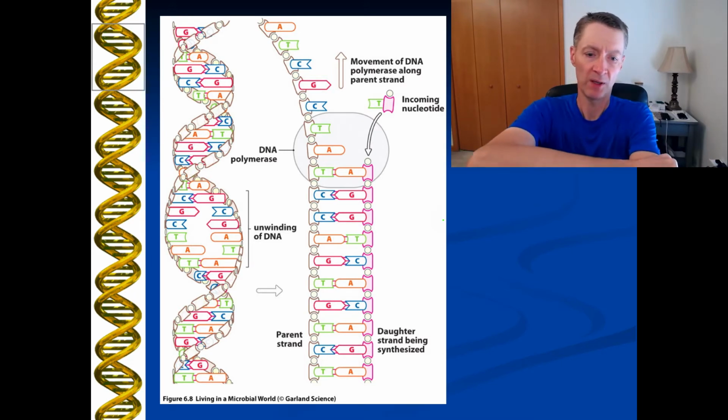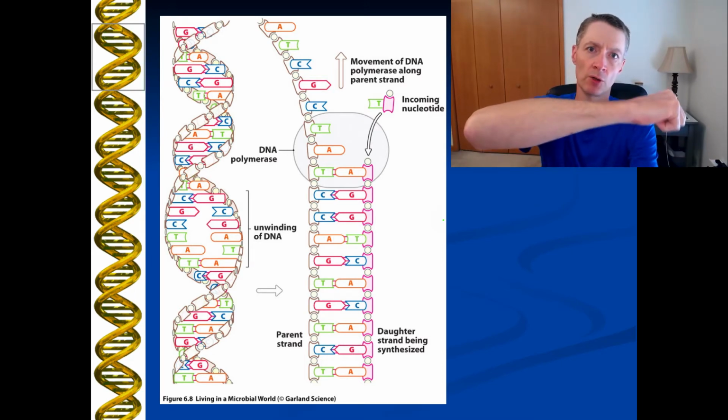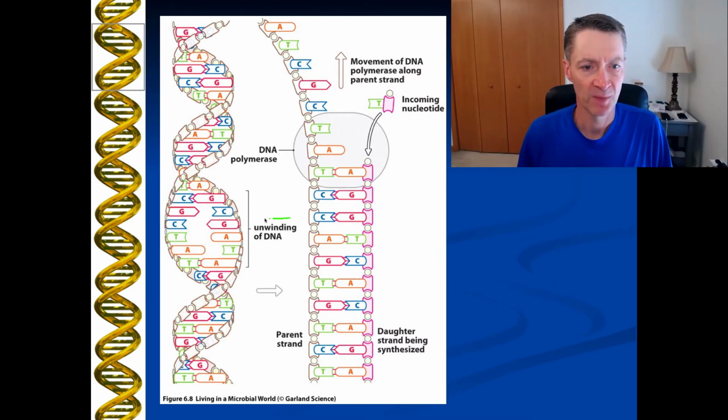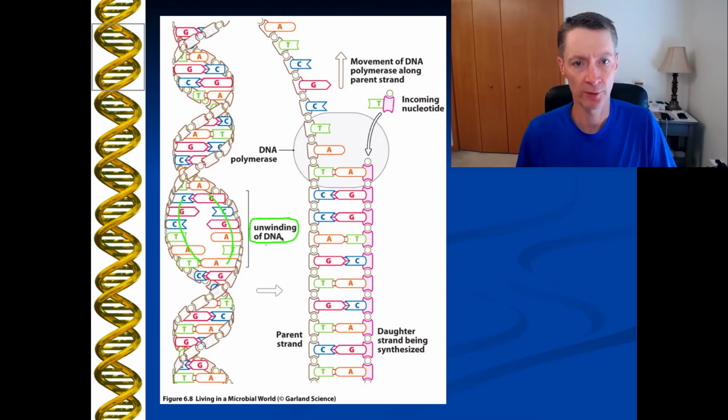So what will happen is these two pieces will be broken apart in some location, and you see this happening. Unwinding of the DNA has to occur, and then on each side of that, we're going to have a single strand that will need to be built upon to make our new strand, okay?